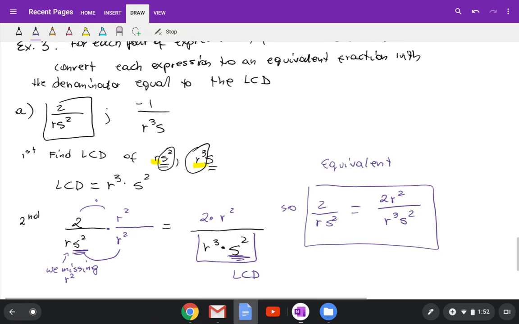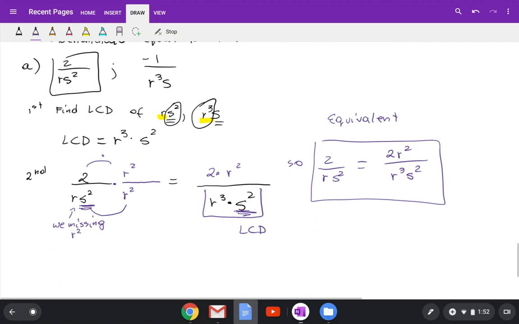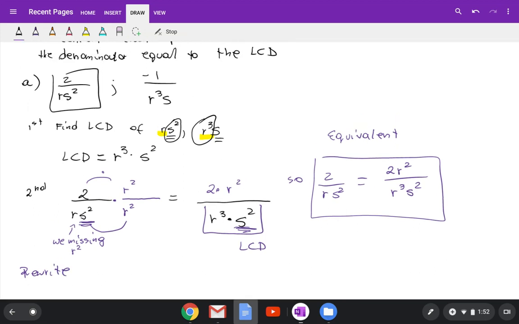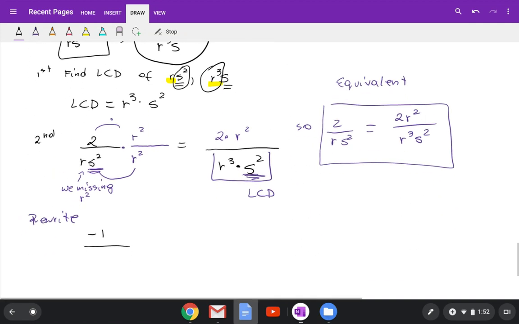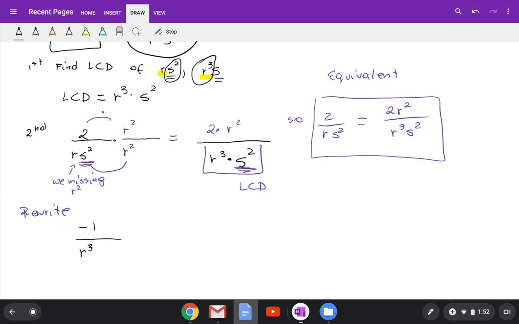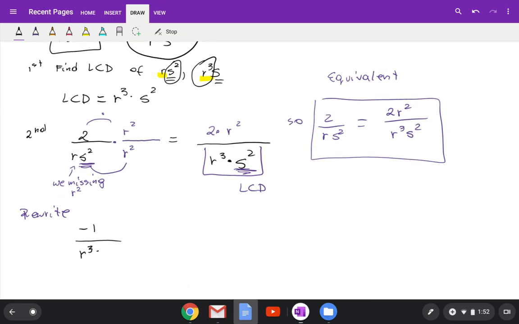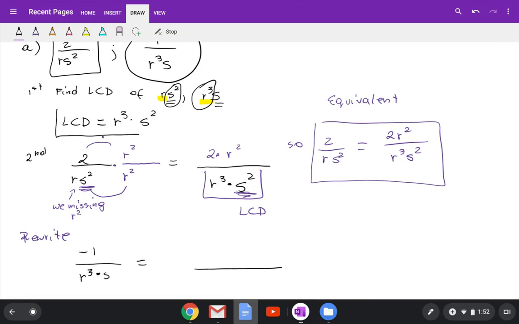Okay. And I'm going to do exactly the same work with the second fraction. We're going to rewrite negative 1, the second fraction right here, negative 1 over R to the third power times S, as an equivalent fraction where the new denominator is LCD.